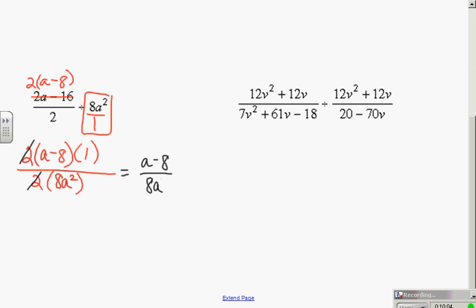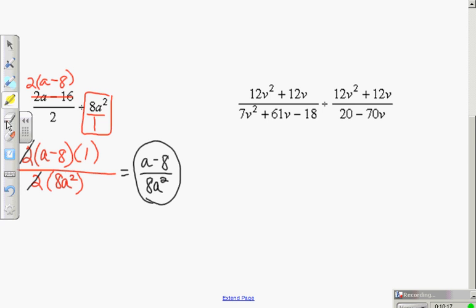And when you go through and factor, it's a pretty limited factoring, and I have a minus 8 over 8a squared. And again, while it's tempting to want to cancel there, you can't because it will change the numerical value of your problem.